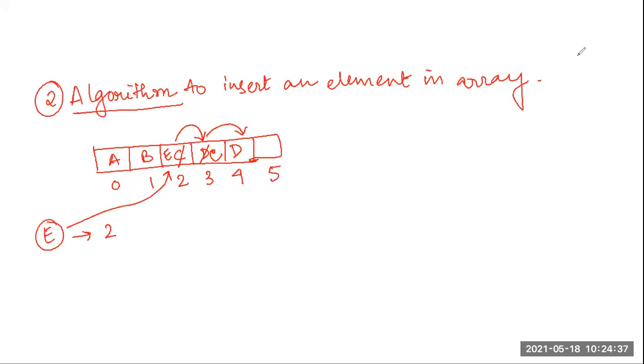Okay. Now, for that, remember one thing, that if my array would have been like this, that is A, B, C and D, would I have been able to insert E? Because where will I shift D? D will go out of the bound. So when I want to insert an element, I always need to check whether I have sufficient space or not.